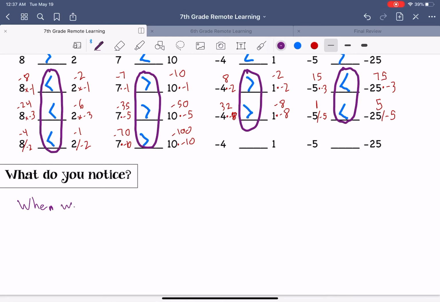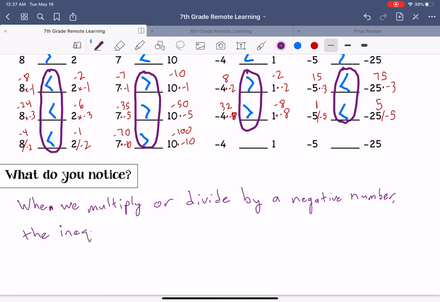When we multiply or divide by a negative number, the inequality flips or changes, whatever word makes more sense in your brain.